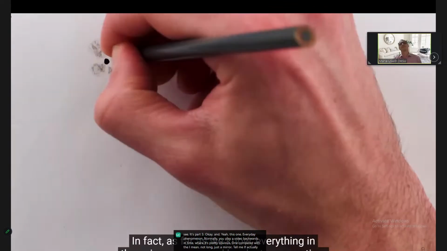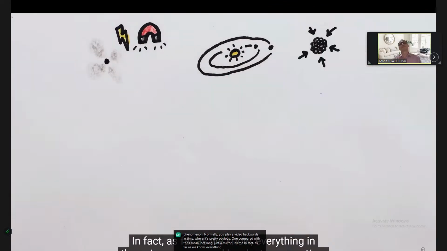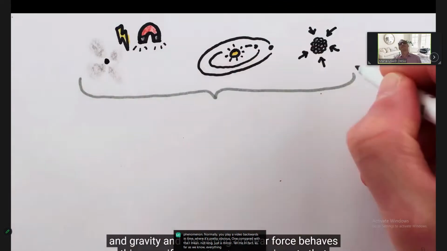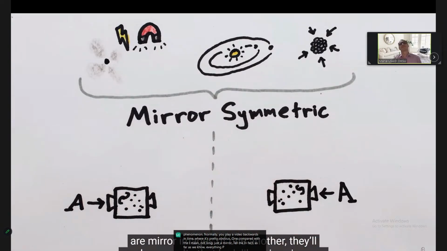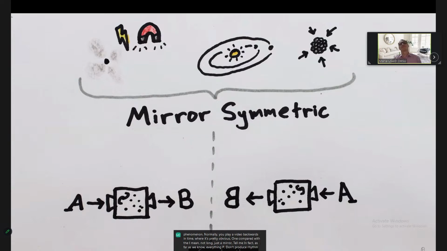In fact, as we know, nice mirror images of one don't produce. That's a problem if we ever need to communicate with aliens from afar.